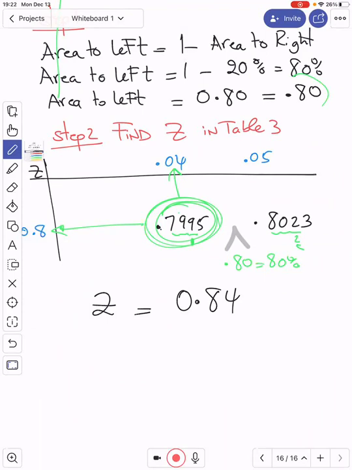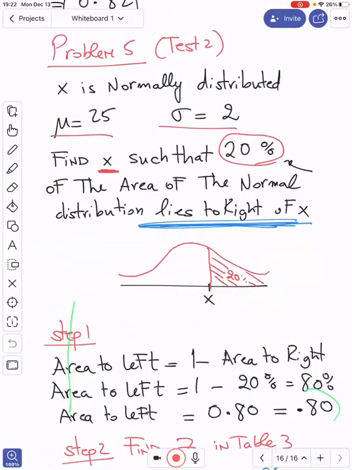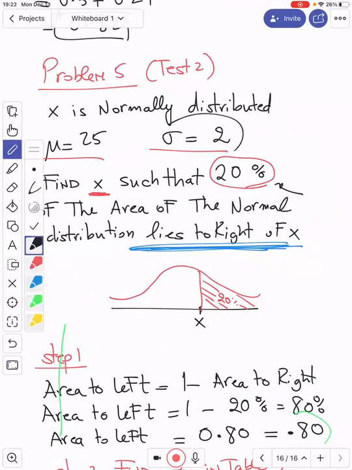Now, once you got your z, you can get your x. So now we can find x. This is the formula for x: x is z times sigma plus mu. So x is 0.84 times sigma. Sigma in this problem is 2, and mu is 25.